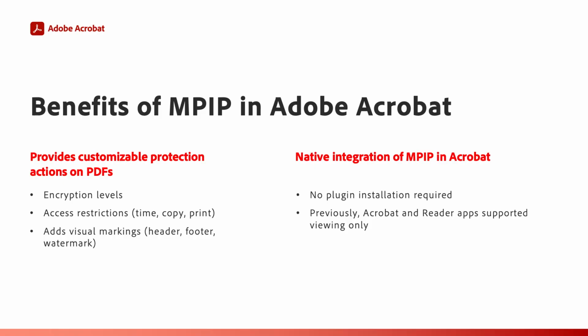One thing to note is that if you are an M365 E3 or higher subscriber, you have access to this type of software. So just talk to your admin about that in case you wanted access to this type of security and protection. If we move to the next slide, some benefits of MPIP in Adobe Acrobat is one, the encryption levels, but the access restrictions as well.